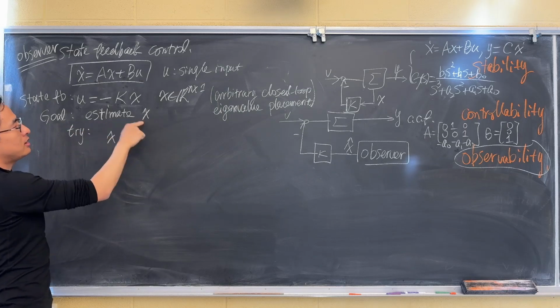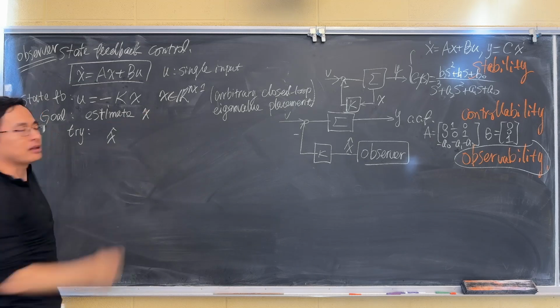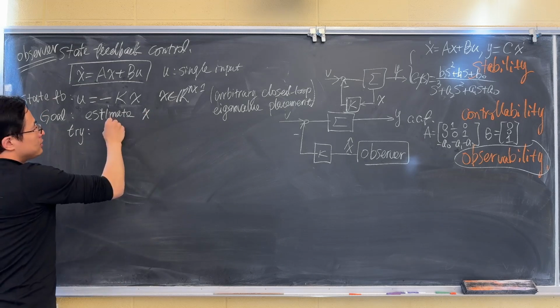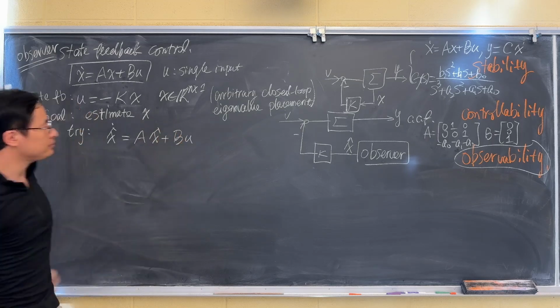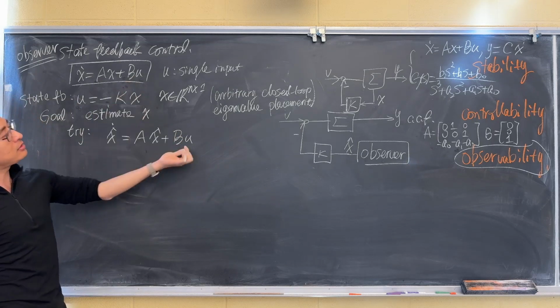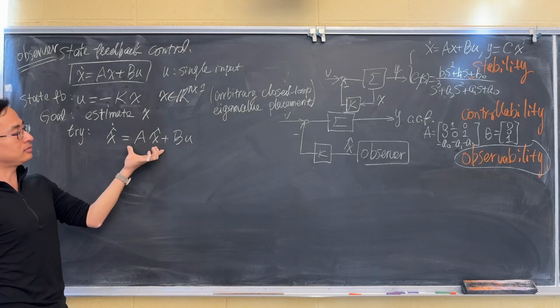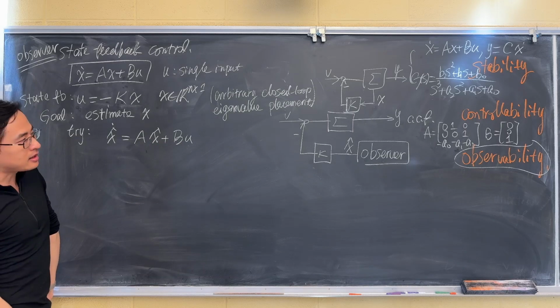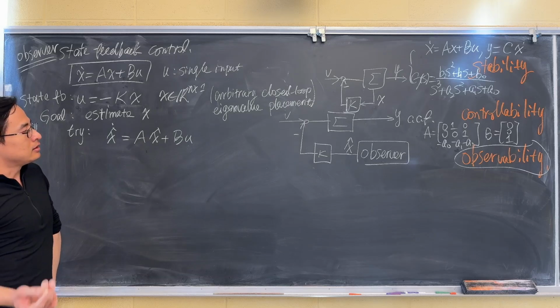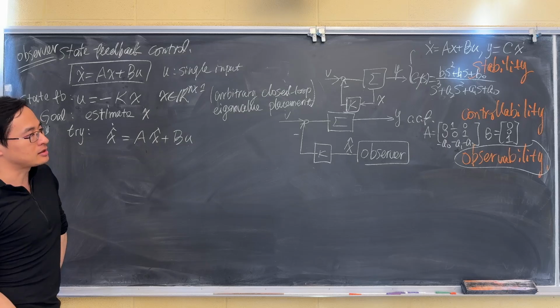Let's call this estimate X hat. I just use a copy of the structure of the system and use the same input to drive the estimator. And observer design is similar to the controllability and stabilization design.